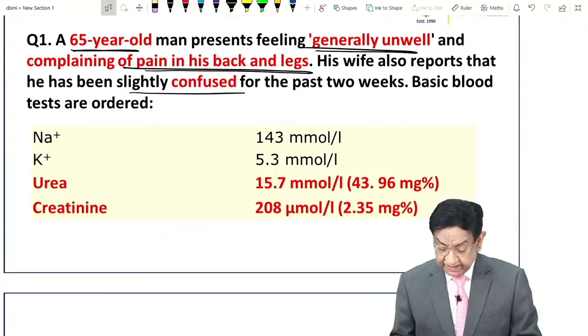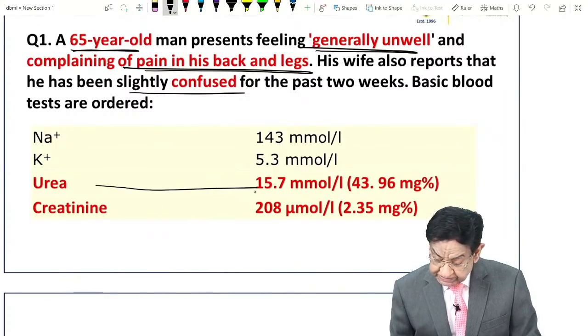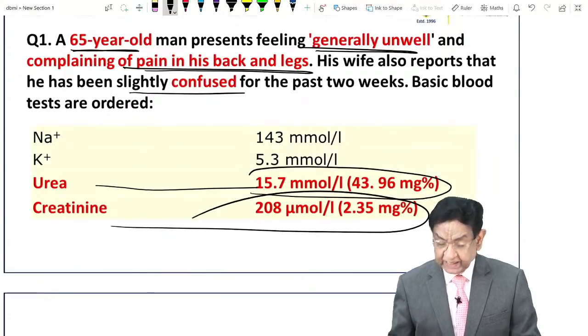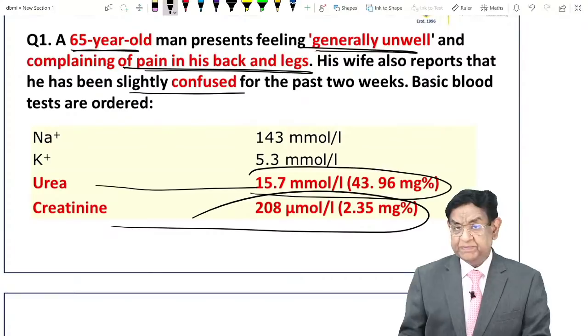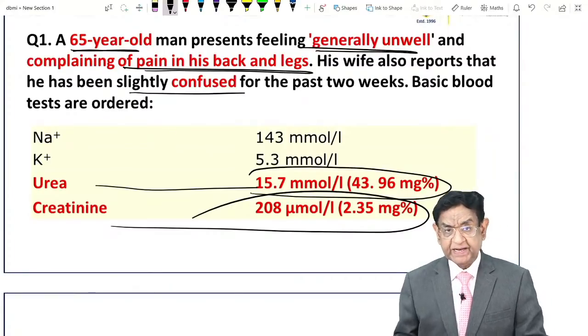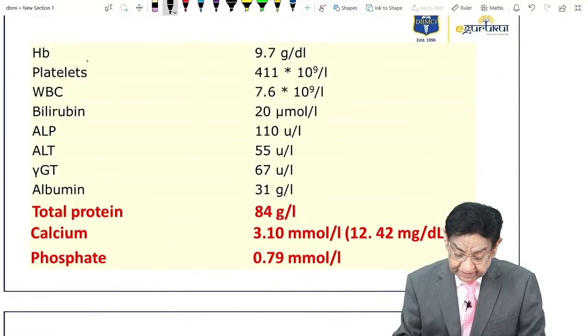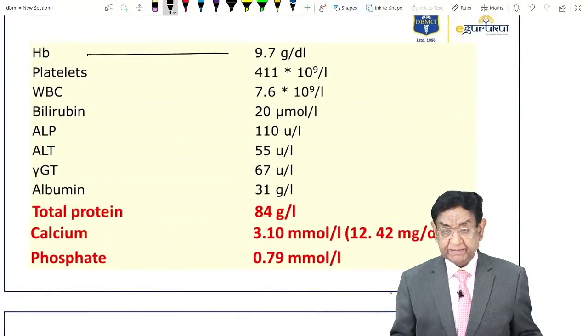If you look into the biochemistry, blood urea is raised, creatinine is also on the higher side. That means there is some element of renal failure as evident from the lab reports, and the patient has anemia, 9.7 gram.